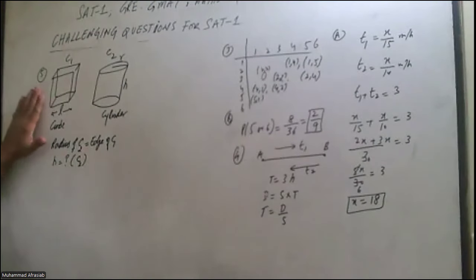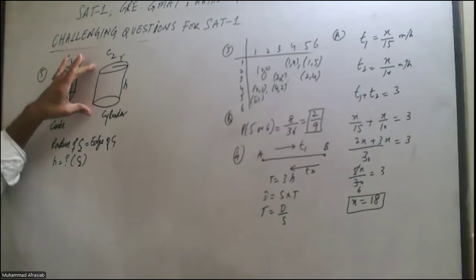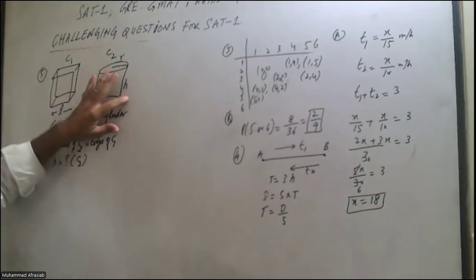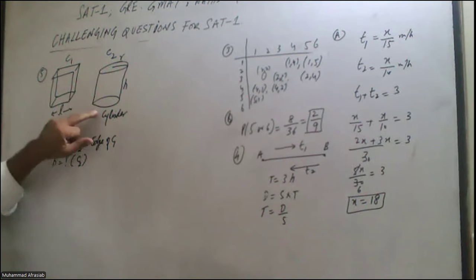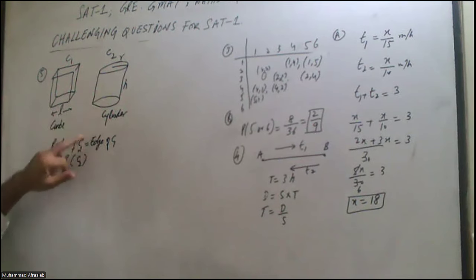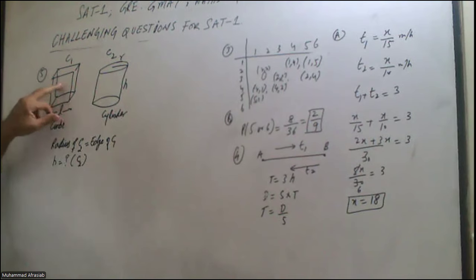Here is a cube C1 and C2 is the cylindrical shape with the radius R and the height H. The condition given is that the radius of glass C2 is equal to the edge of glass C1 and the volume of this one is half of that. It is given in the statement.